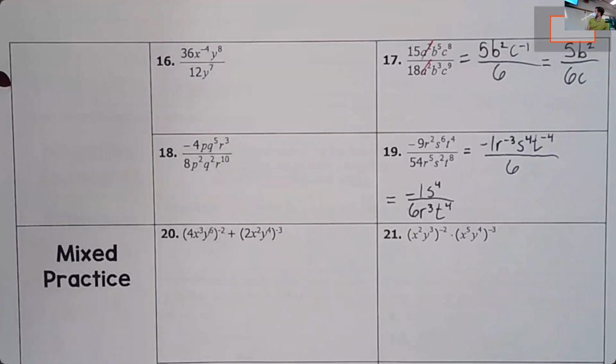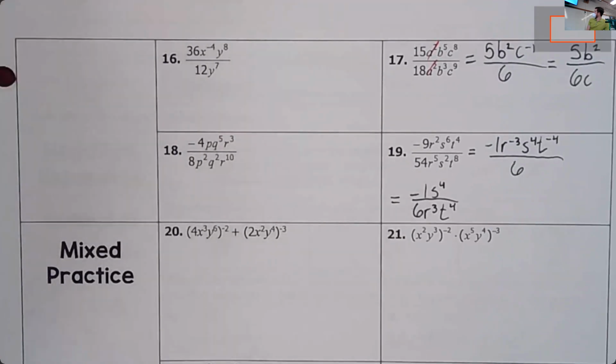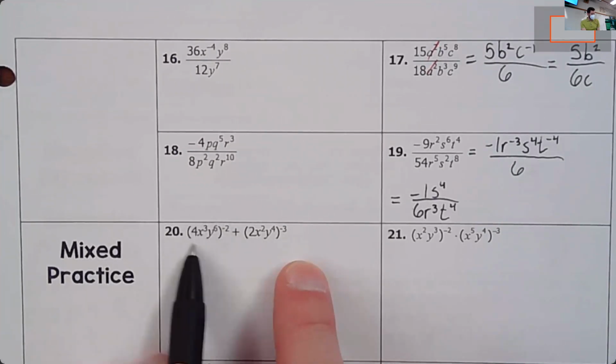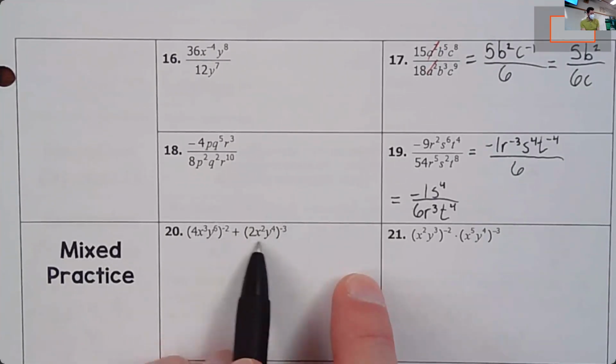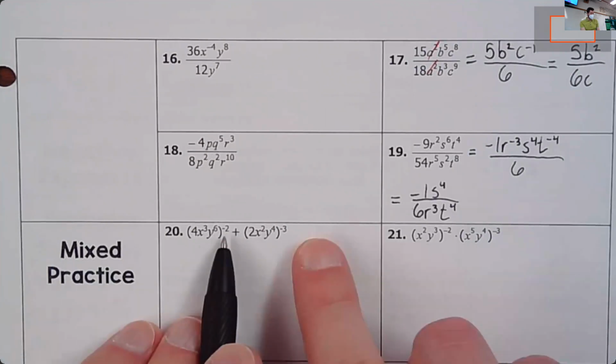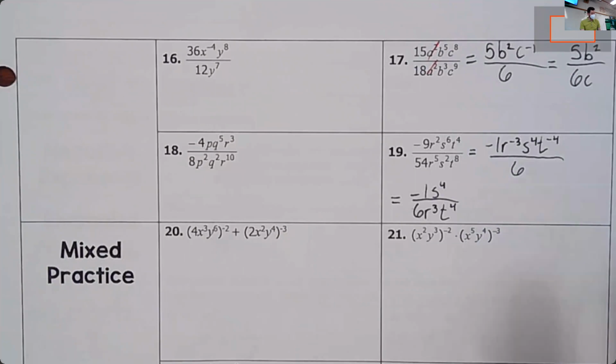So problem number 20. We're going to use the power rule first and then the combining like terms perhaps after that. So we're going to apply our -2 exponent to everything in the first set of parentheses, then -3 exponent to everything in the second set. And you can do this one of two ways. You can flip everything first to make these exponents positive, or you can just apply the exponents first and then flip things around as you need to.